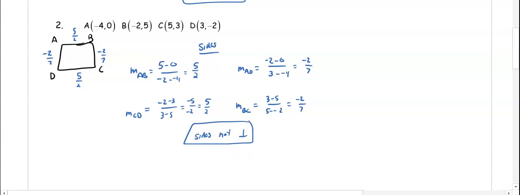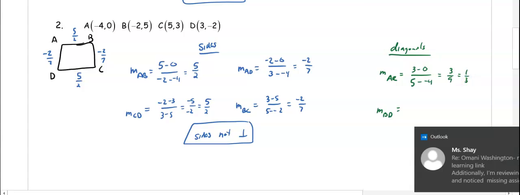So the sides not being perpendicular means we are either a parallelogram or a rhombus. We need more information though, so we're going to find the slopes of the diagonals. The diagonals are AC and BD. So the slope of AC is 3 minus 0 over 5 minus -4, which gets us 3/9, which reduces to 1/3.